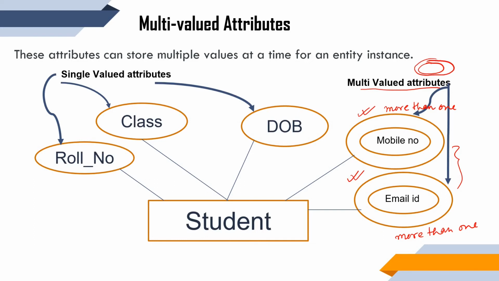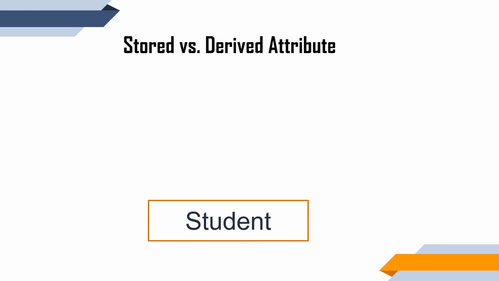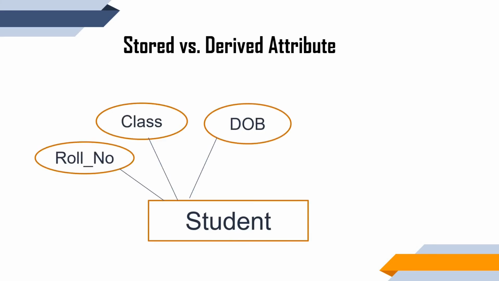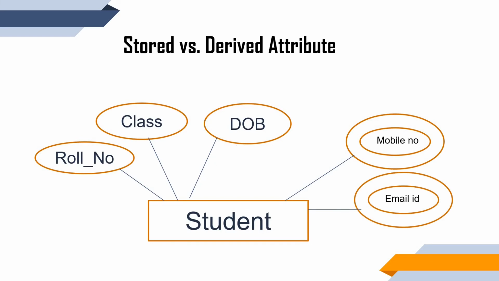The last differentiation that we will do is between stored attribute and derived attribute. Now what is a stored attribute? As the name suggests, stored attributes are those attributes which are actually physically saved in the database. But what about a derived attribute? A derived attribute need not be stored in the database, because it contains values which can be calculated from other attributes. Let's take an example. Suppose you have date of birth in the student entity.